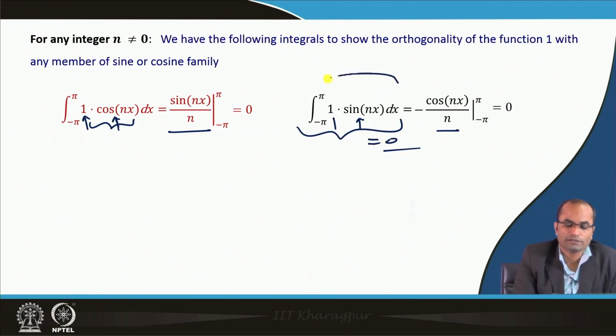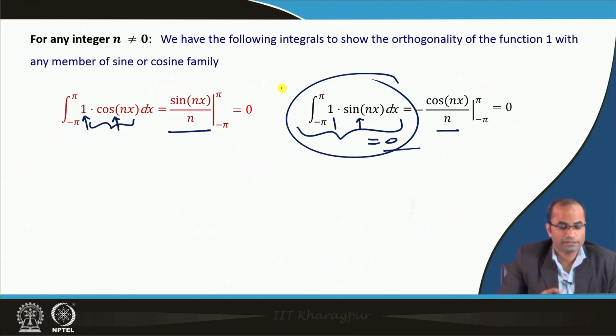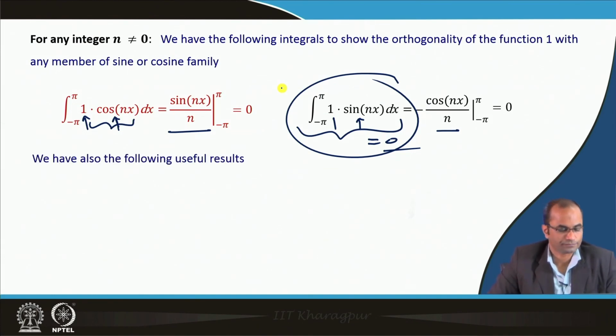So, the value of this integral is also 0. So, at least we have seen that with 1 we can take any member of the cosine family or any member of the sine family, and these are orthogonal.